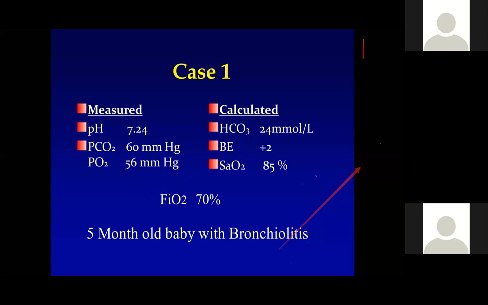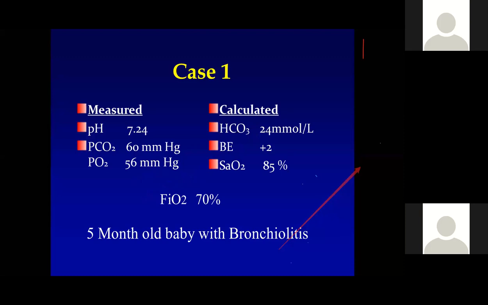Now, a 5-month-old baby with a bronchiolitis history has come to the hospital and the pediatrician has asked for an ABG. The ABG is showing a pH of 7.24, PaCO2 of 60, bicarb is like this, and then there is a base excess and the saturation is 85% with a FiO2 of 70%.